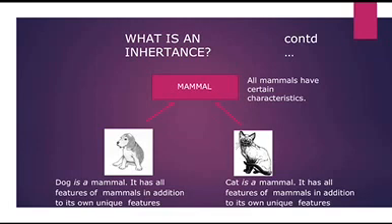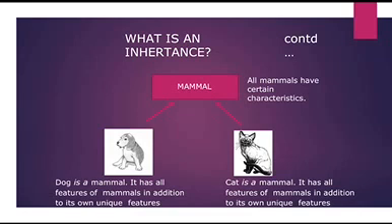Therefore, the public members of the base class are not accessible by the objects of the derived class, only by the member functions of the derived class.